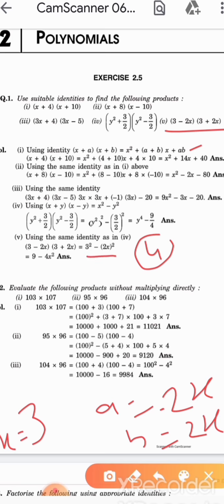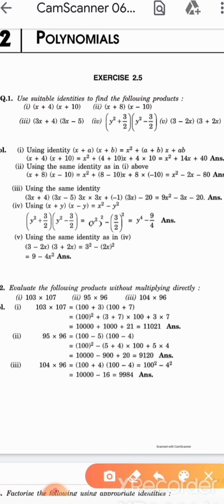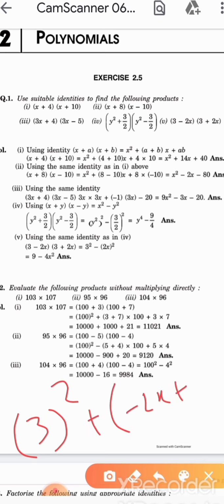Substituting in our polynomial we get x square means 3 whole square, plus a plus b means minus 2x plus 2x into x means 3, plus a into b means minus 2x into 2x.